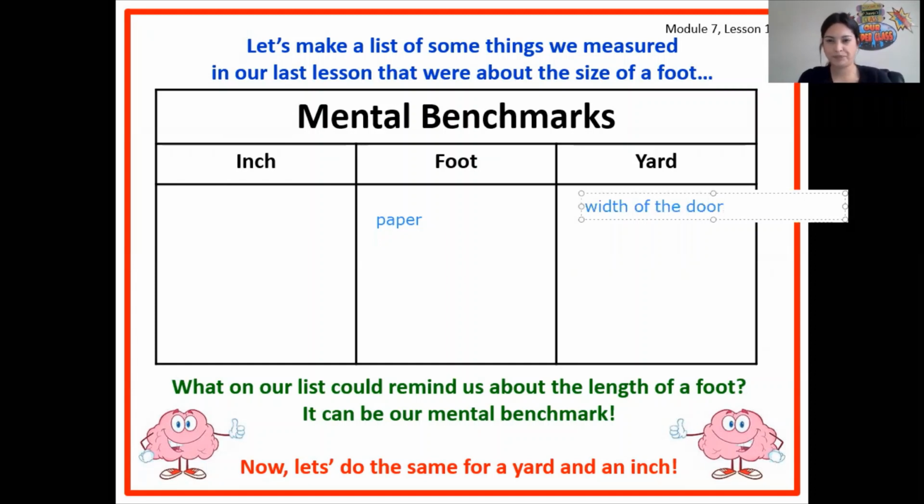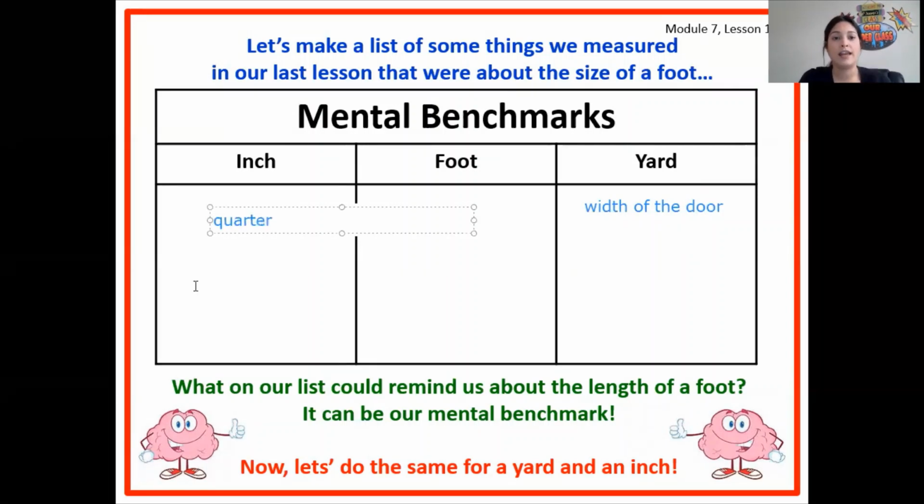And then again, remember I told you what reminded me of an inch? That was actually a quarter. That helped me. So again, I was trying to think of what items and objects you have at home that you can use for these mental benchmarks.